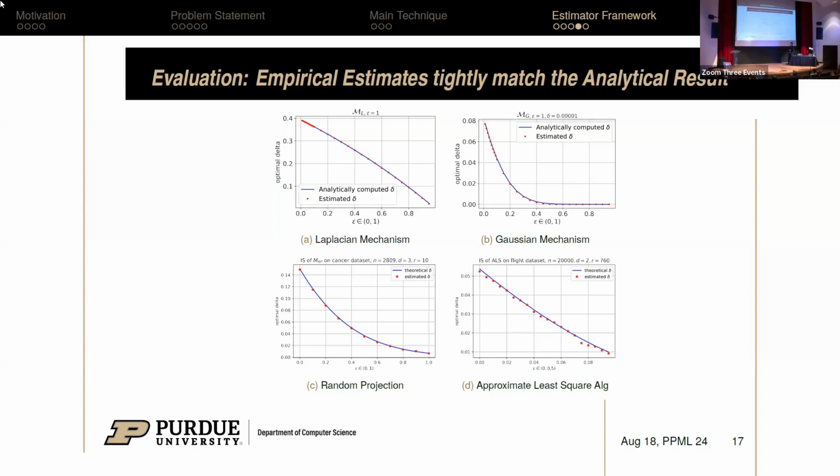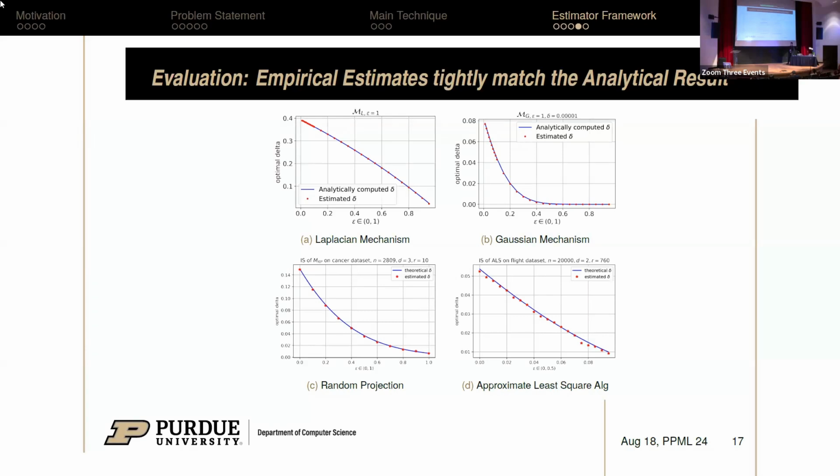spectrum. We not only show this holds on the Laplace and Gaussian mechanisms, we also show it on more complex machine learning algorithms such as random projection and approximate least squares. For random projection, some TCS papers before showed that it enjoys some privacy for free, but now we recover the actual bound.